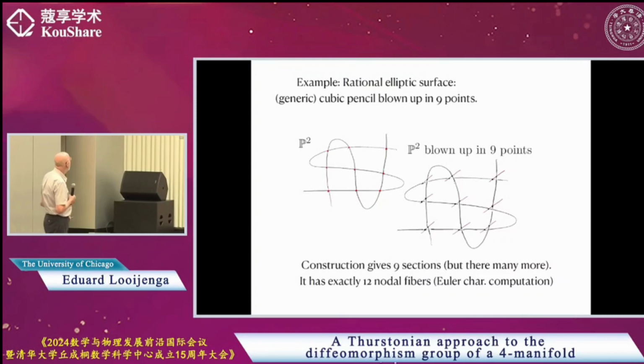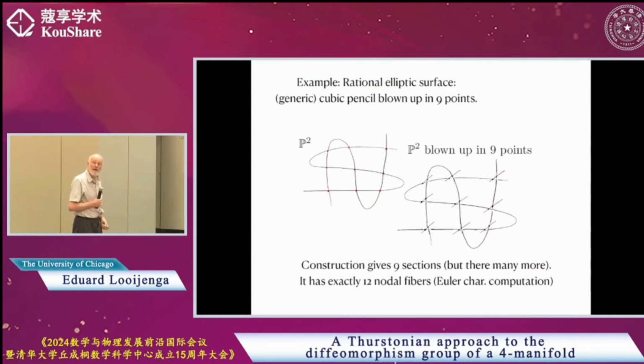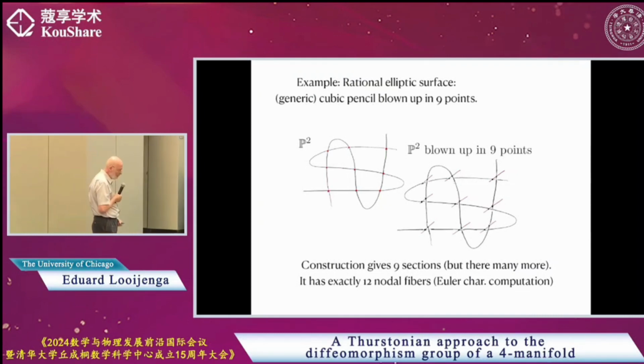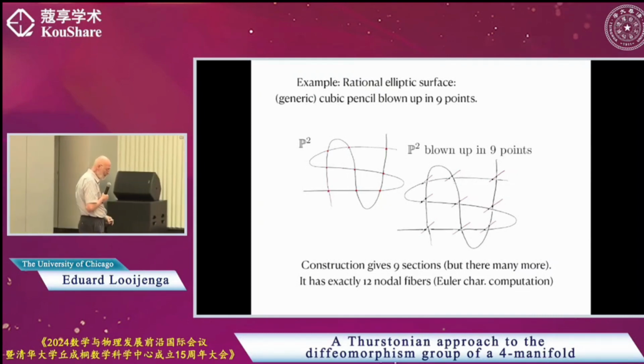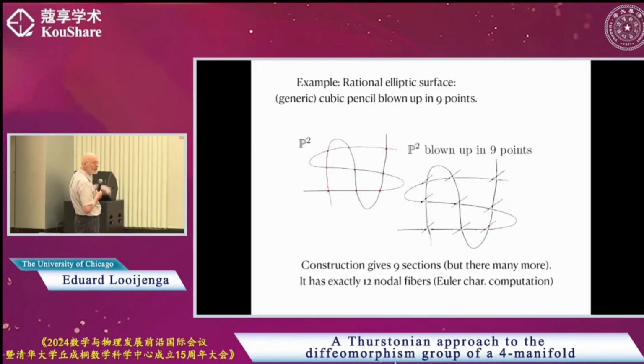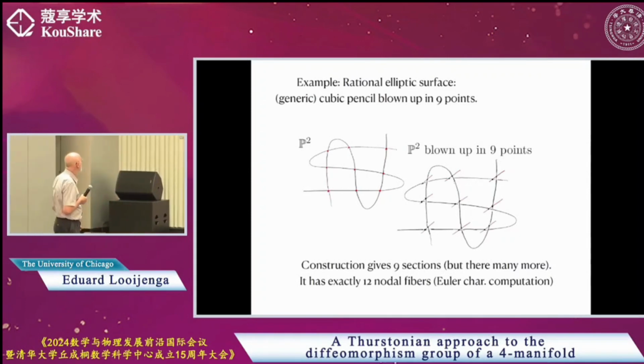That gives you a 1-parameter family of cubic curves passing through these 9 points, parameterized, in fact, by the Riemann sphere. Now, they intersect transversally. That means that at every point, the tangents of these cubic curves are different. And you can easily convince yourself that if you take this 1-parameter family, the tangent directions passing through a given point can be any direction.